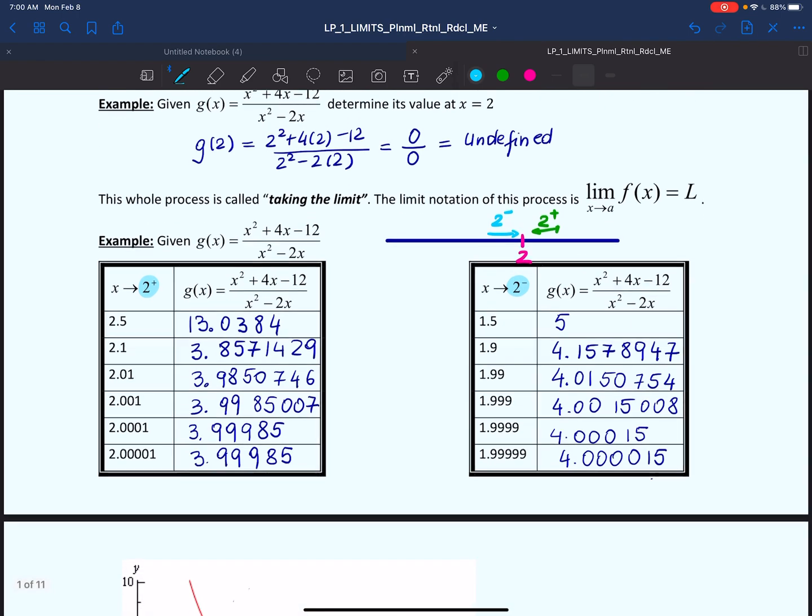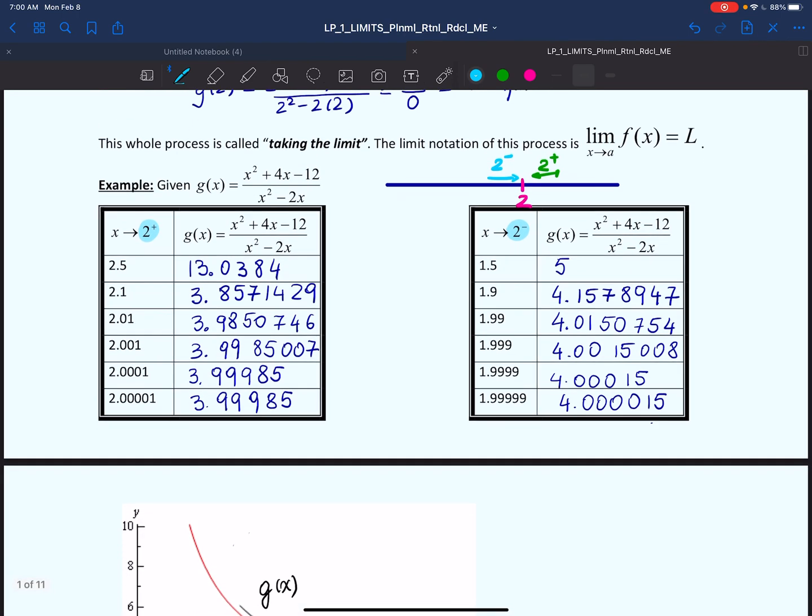So for the values of 2 plus, I took 2.5, 2.1, 2.01. As you can see here, the values of x got closer and closer to x equals 2. And in return, I got the values of y getting closer and closer to the value of 4. The gap in the values is pretty large at first, and it becomes almost insignificant in the last 2 values of x.